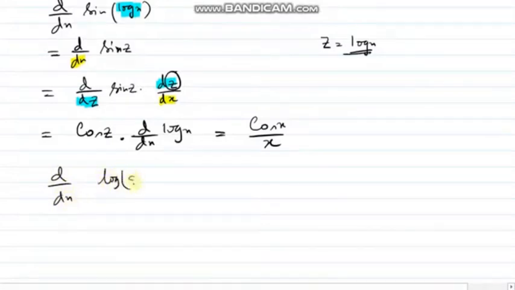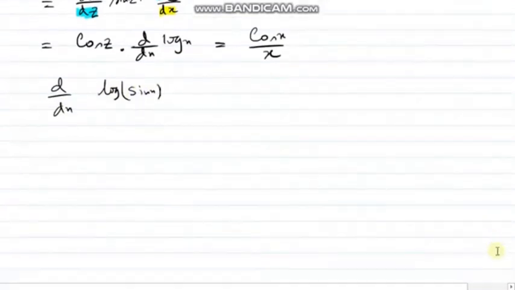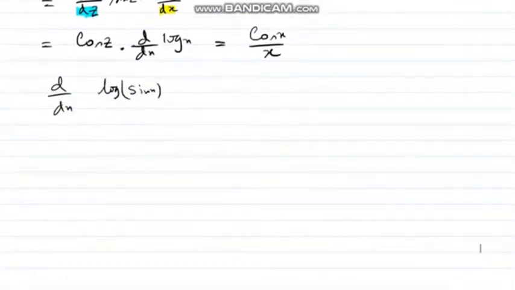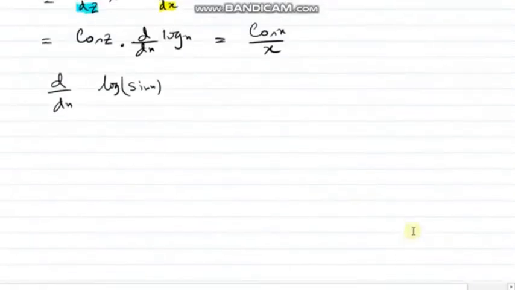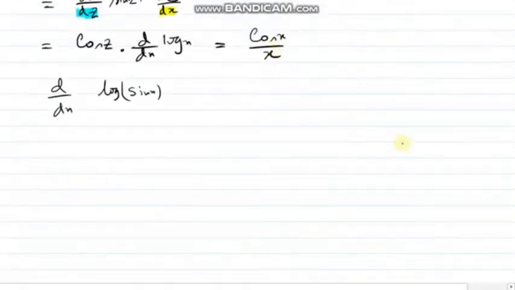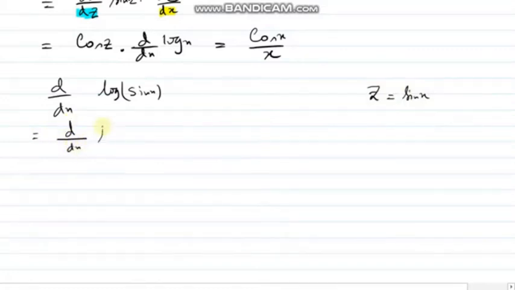The same sum, if I write d/dx of log of sin x, what will happen? Any idea? So first I will assume z as sin x. So as z is sin x, I will write d/dx of log z. Similarly, we can differentiate log z with respect to z only.